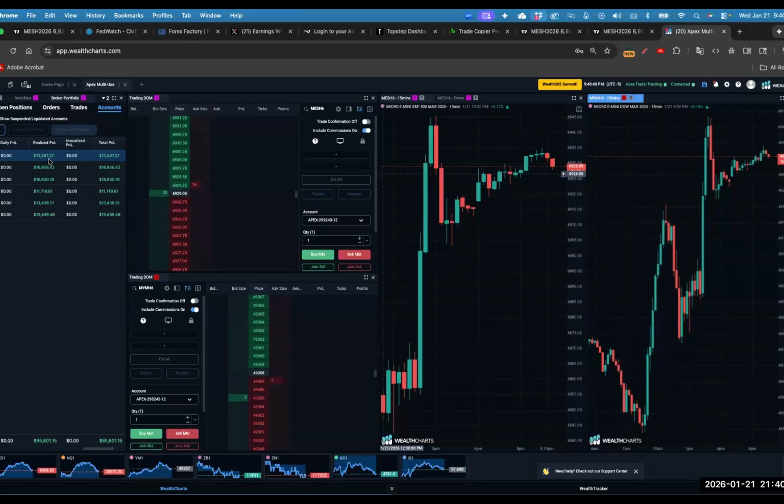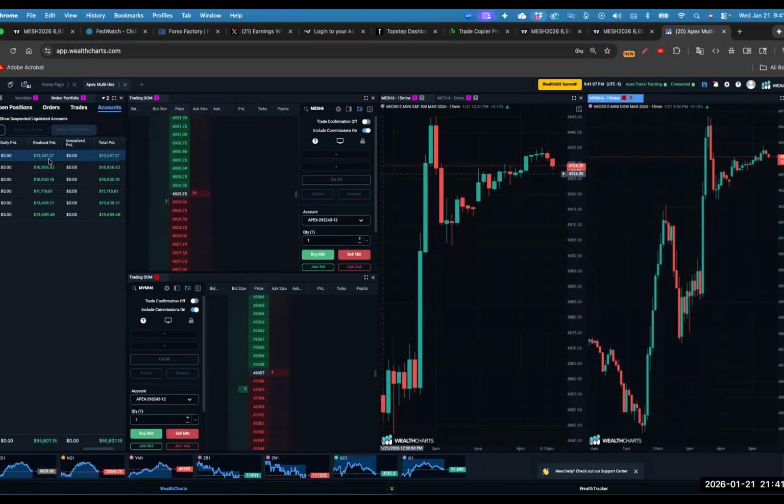Okay. And then, what is the test, or what do you have to do to get these funded accounts? Like, how do you show them that you know what you're doing so that they'll fund these accounts for you? There's 2 phases of the funding stage. There is the combine stage, and then there is a second phase, I don't think they call it that, but you might as well.